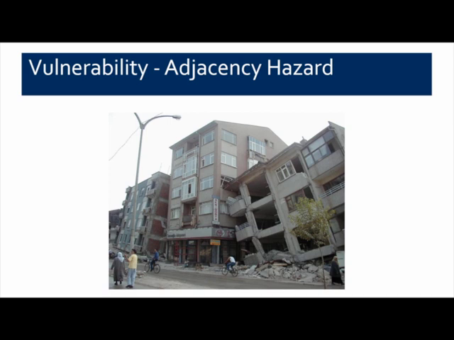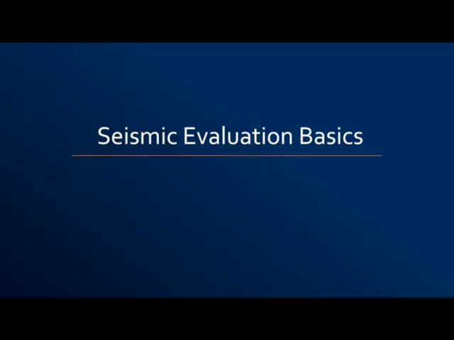So it can extend beyond just your building to the building next door. And this is a behavior that we saw following both the Christchurch and Napa earthquake, and it is one of concern and worth consideration. I will now turn it back over to Brian to talk about evaluation methodologies.